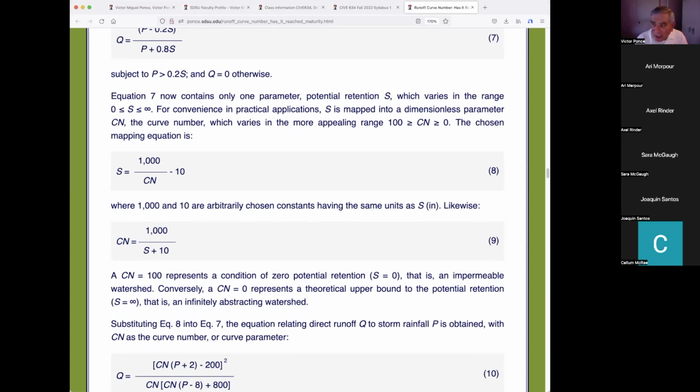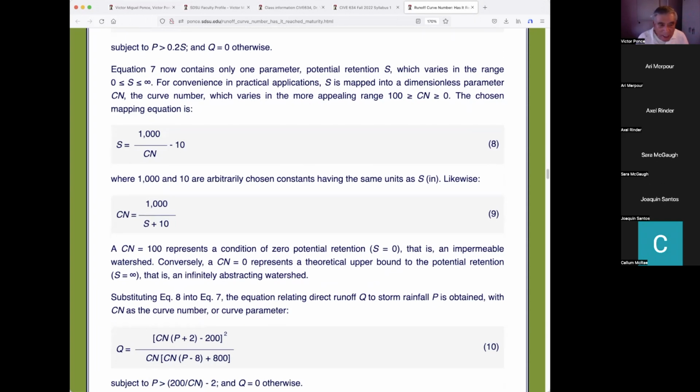If you want to make another change, you can put in there 505 for all I care. But it would not be Marcus's. It would be yours. It would not be the official SCS parameters or values. So therefore, nobody should do that. This is a transformation that was built into the manual by none other than Marcus himself. So these numbers, 10 and 100, are cast in concrete over there.